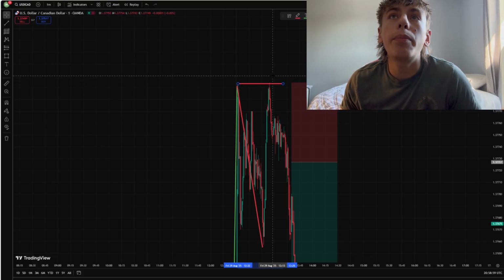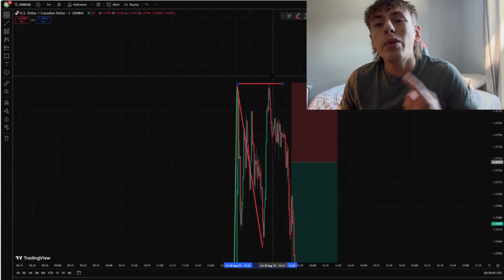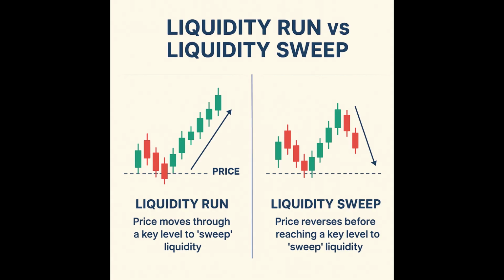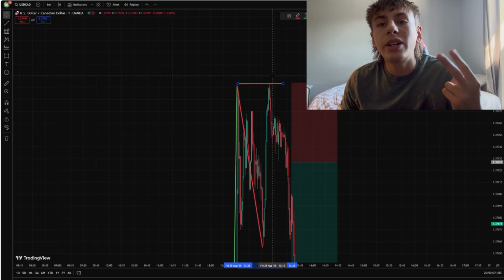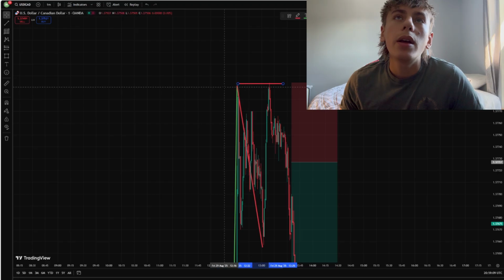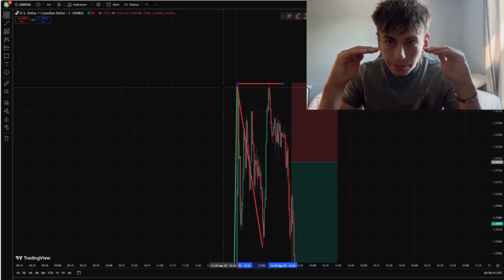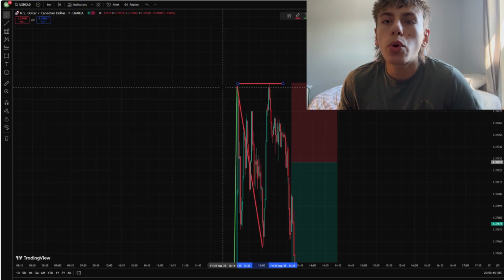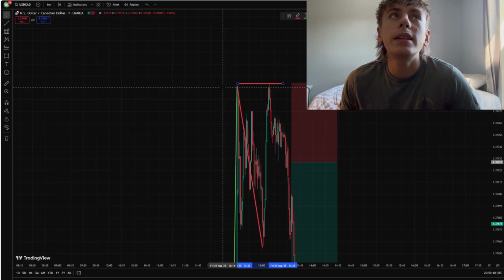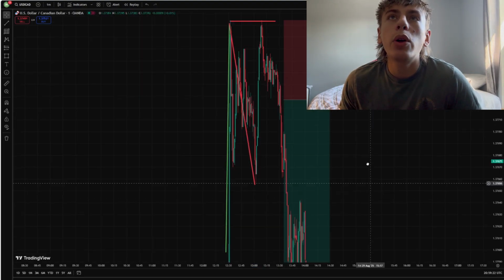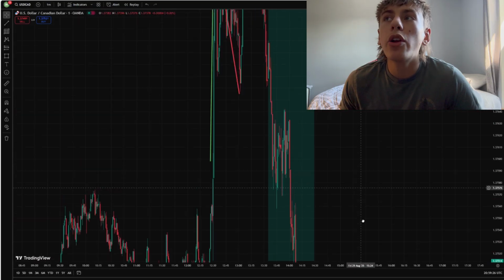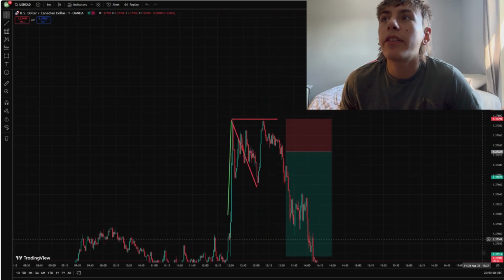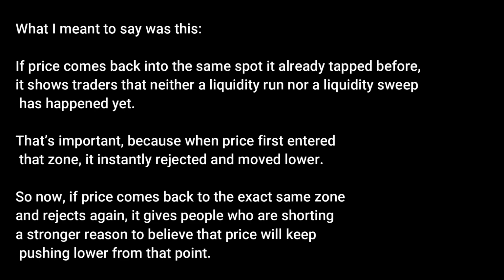If price went above this section, we're at risk of a liquidity sweep, a liquidity run, which is kind of like a 50-50 type of deal. But if they are equal, like so, it gives the shorters, the short kings, the ability to envision that it will keep going down. That may or may not have been the worst advice I've ever said in my life.